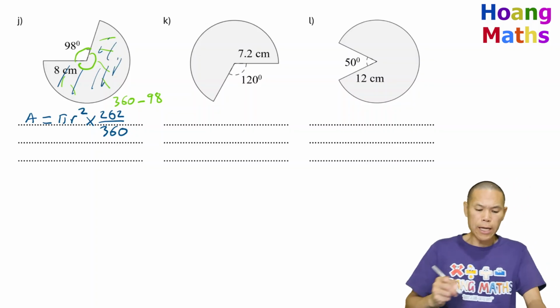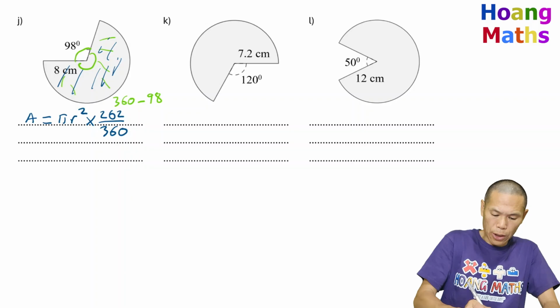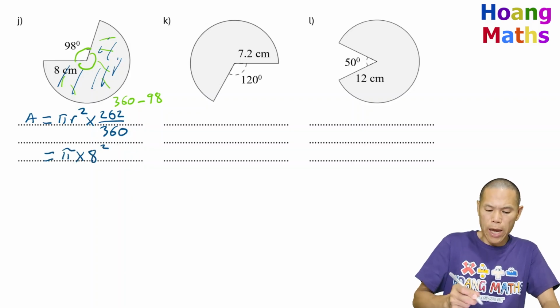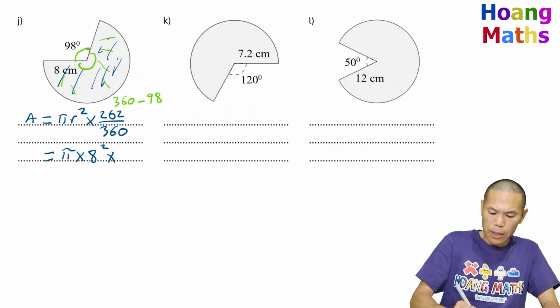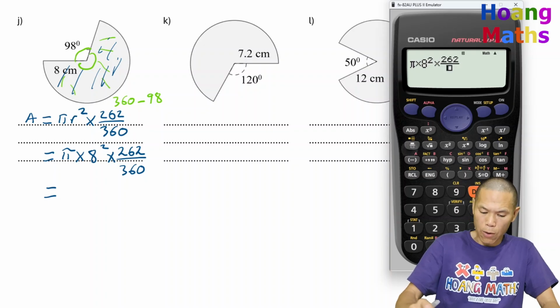Don't forget, okay? And we know that the radius is 8. So we just go equal pi times 8 squared, and we times 262 out of 360. So that is equal to, I just go pi times 8 squared times 262 out of 360.